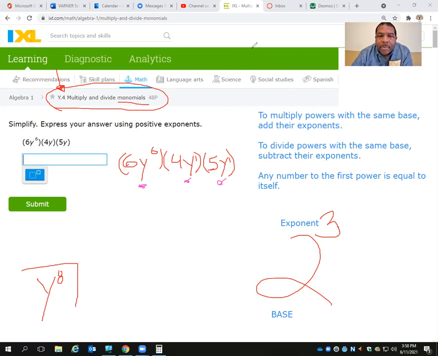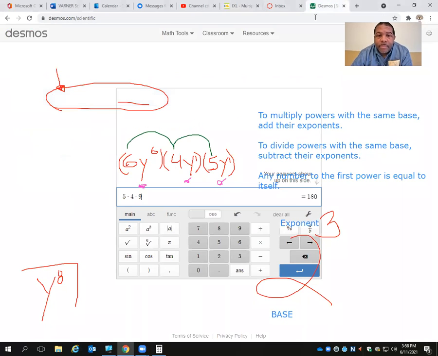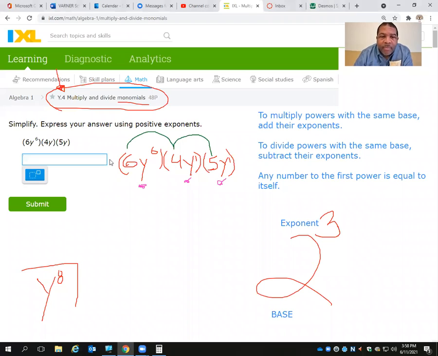Good. Now, what we're going to do is multiply 6 times 4 times 5. All right, so let's go to decimals, and we're going to clear, and we'll do 6 times 4 times 5. It's 120. Okay, good. So now we have 120.